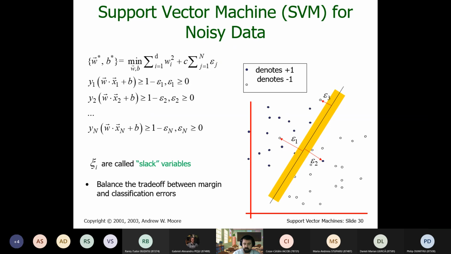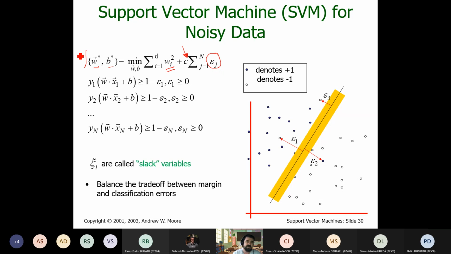And if we define this, then the SVM problem will be changed like this. We will need to identify the w and b star that will minimize the summation of the norm plus C, the parameter that I told you needs to be introduced by the programmer, times the summation of the errors, the xi's.